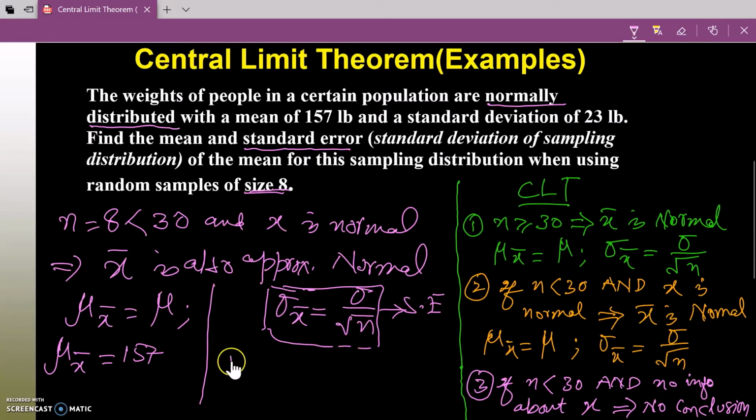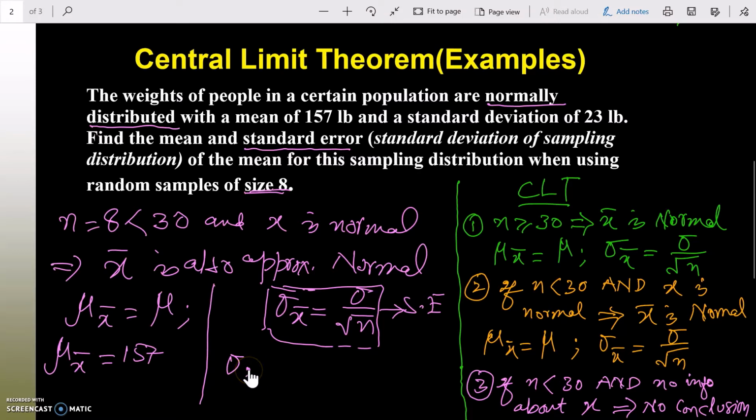So the standard error of the mean is equal to the standard deviation, which was 23, divided by the square root of 8, and that comes out to be 8.13. So we are able to find the mean and the standard deviation of the sampling distribution. I hope you are able to understand this example. Next, we're going to see another example.